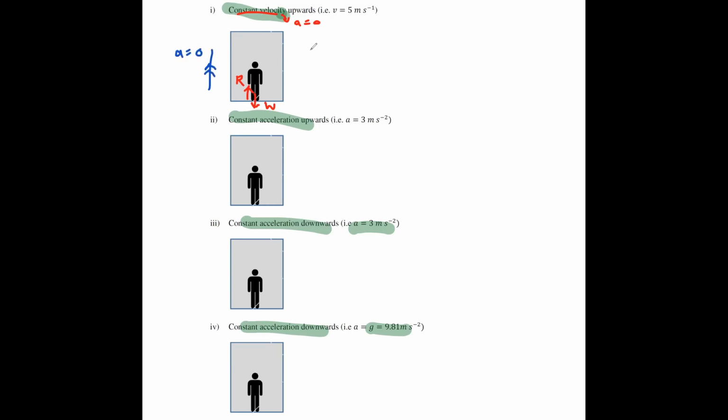If I wanted to apply Fnet equals ma, because my acceleration is 0, my Fnet is actually 0. So it will be W minus R equals 0. Eventually, R is equal to W itself, right?